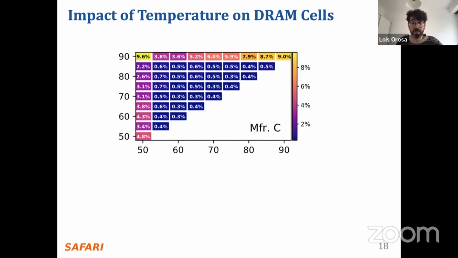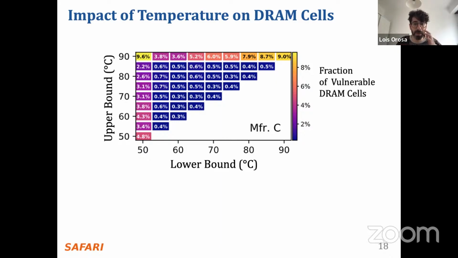This figure shows the population density of cells clustered based on their vulnerable temperature range. The x-axis and y-axis show the lower bound and the upper bound of a DRAM cell's vulnerable temperature range. The color scale and the percentage values show the fraction of cells for a given temperature range.